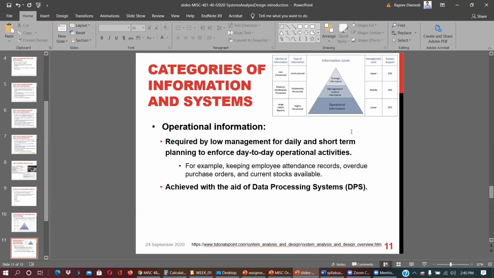Automatically it comes on the screen or on the computer, and some systems are automated. Based on that, they automatically record the attendance. If stock is short, they automatically place the order, and so on and so forth. So this is achieved with the aid of a data processing system.